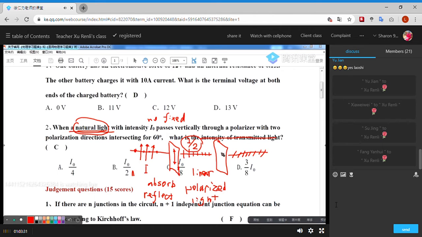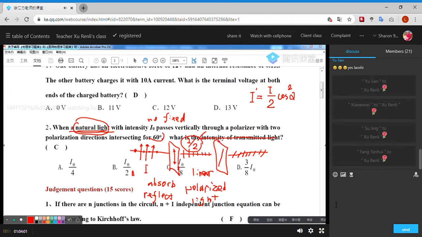And what's the intensity when it passes through the second polarizer? We need to use Malus's law. According to Malus's law, the intensity equals the incoming intensity, which is half of I, times cosine alpha squared.